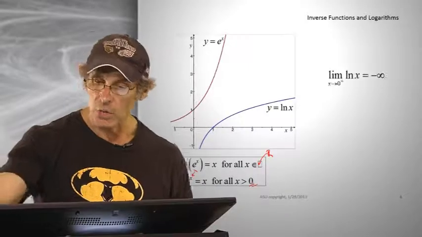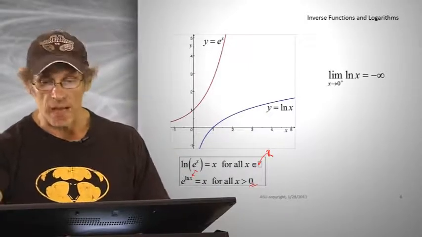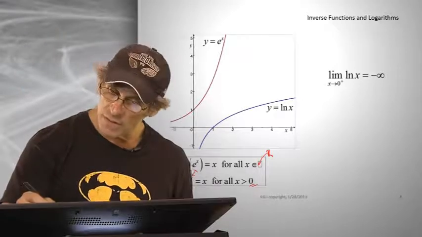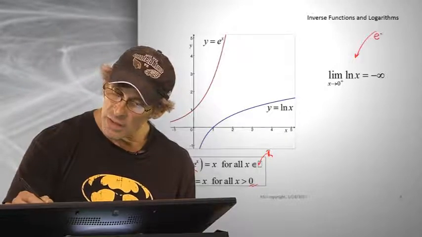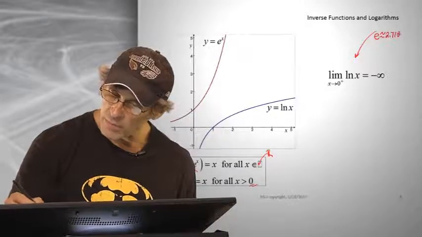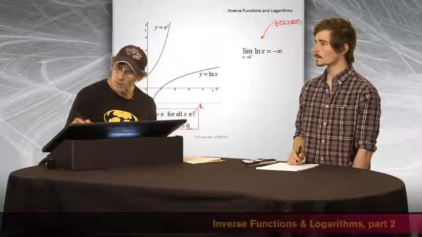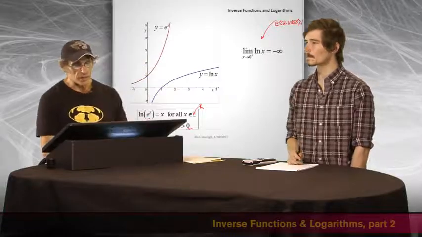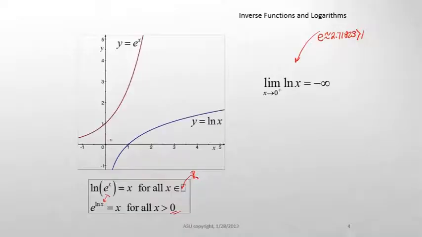All right, continuing with the review, because you have a base e, which is approximately 2.71828, that's greater than 1, we know the limit as x approaches 0 from the right is going to be negative infinity. What would the limit be as you approach infinity for the natural logarithm function? Would be infinity. Very good.